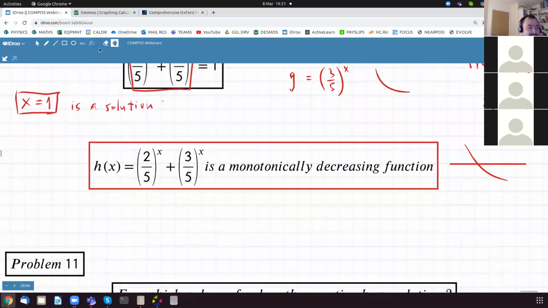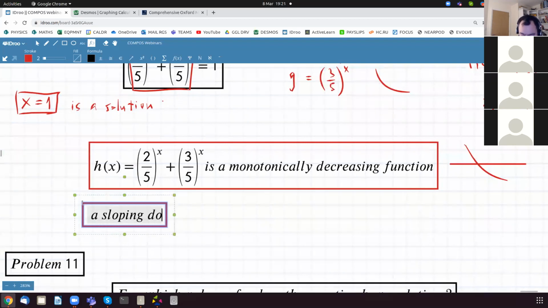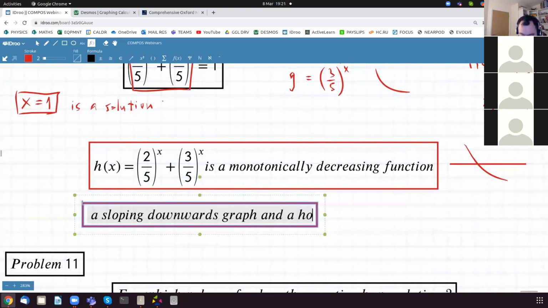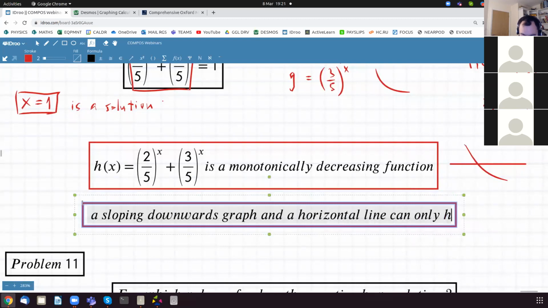A downward sloping graph and a horizontal line can only have one point of intersection.